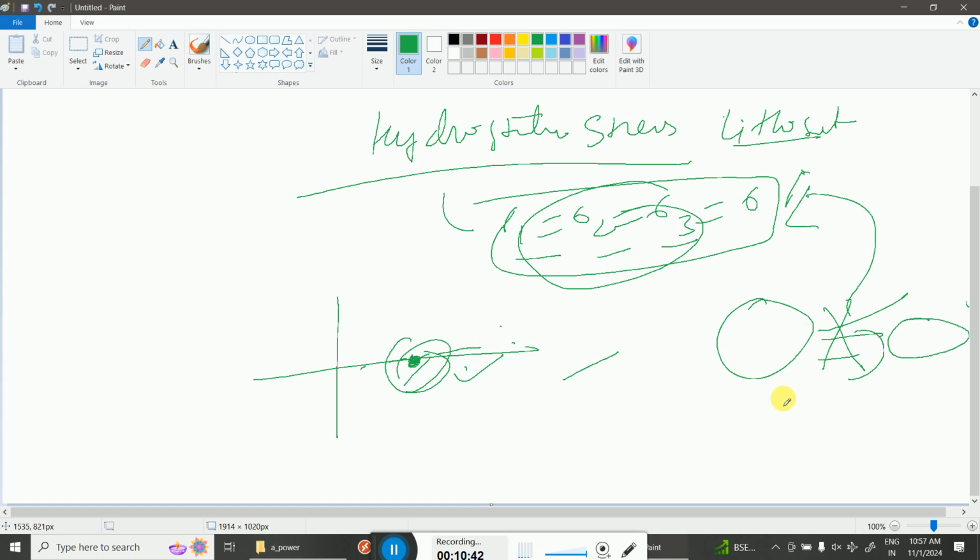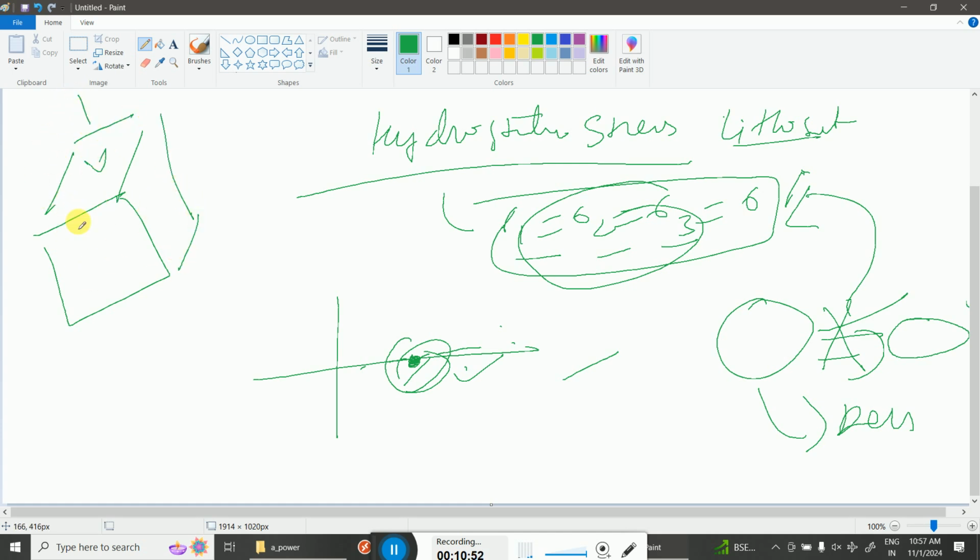This is done by the deviatoric stress. Suppose this is your cube, when you apply hydrostatic pressure or stress, it changes in its size, its volume, not in shape. So hydrostatic pressure is responsible for size, not shape.